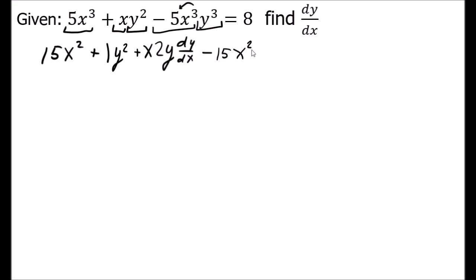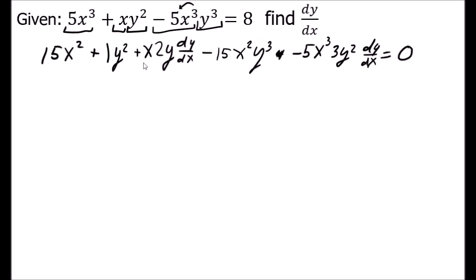So derivative of the first guy times the second guy plus the first guy, negative 5x cubed. That's a little bit weird having a plus negative there. Times the derivative of the second guy is 3y squared dy/dx, equals the derivative of 8, which of course is 0. That's a constant.